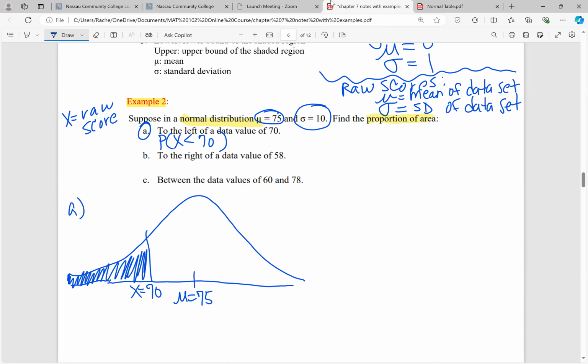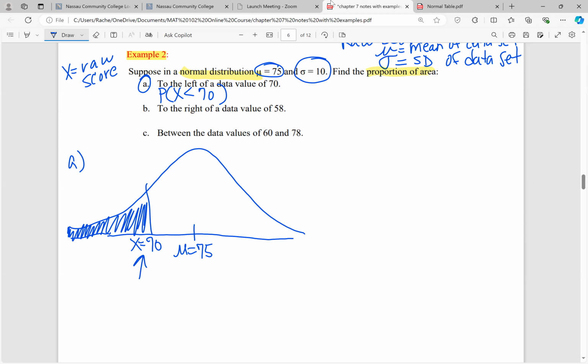I don't have a z-score here. I'm using a raw score, right? That X equals 70 is a raw score. So what we need to do is convert it to a z-score. And remember, my z-score formula is equal to data value minus the mean over the standard deviation, or X minus mu over sigma. So I'm going to take 70 minus the mean, which is 75, and divide by the standard deviation, which is 10.